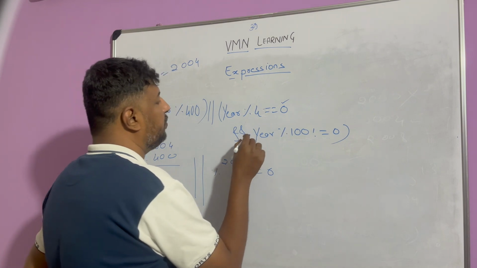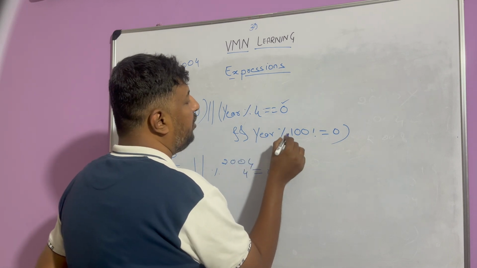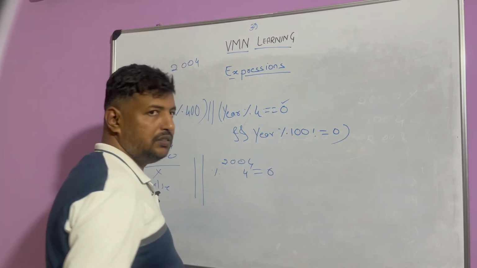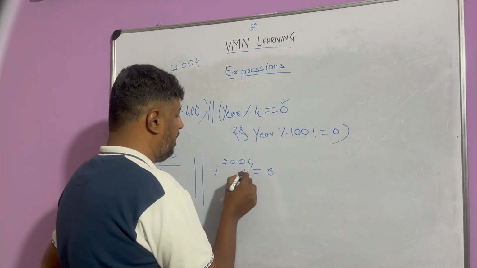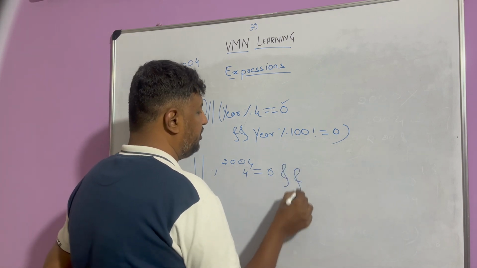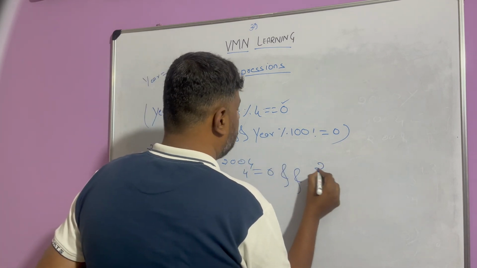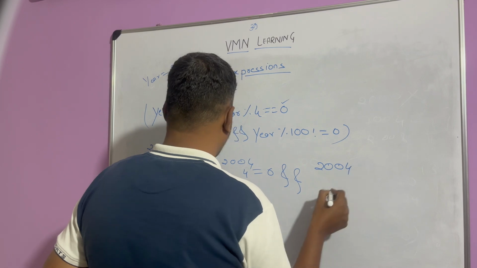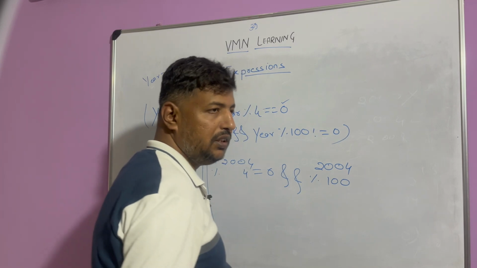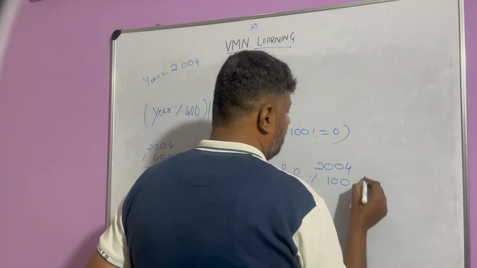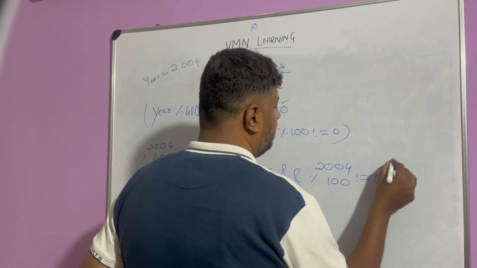Now let's come to here. Year modular of 100. So now this is an AND condition here. 2004 modular of 100 is how much? There will be some value, right? So that is not equal to 0.